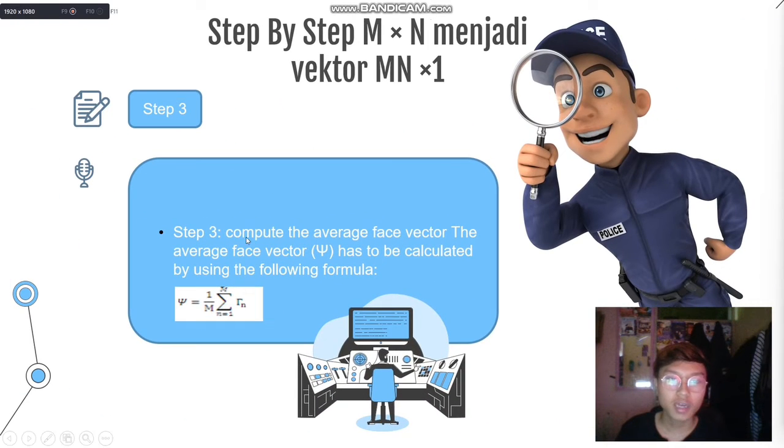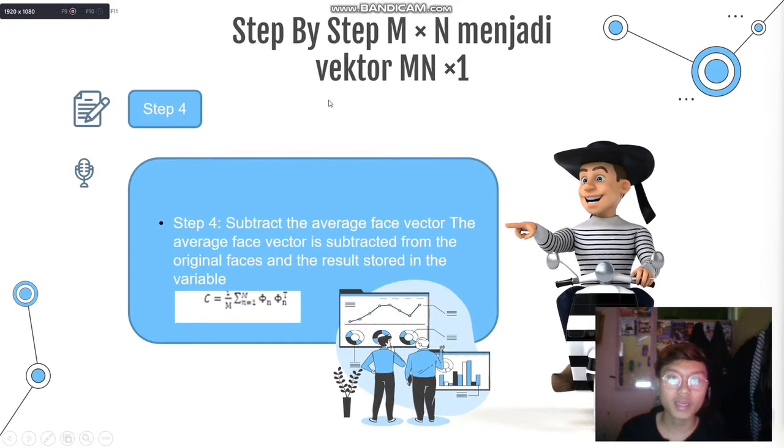Step 3, compute the average face vector. The average face vector has to be calculated by using the following formula. Step 4, subtract the average face vector. The average face vector is subtracted from the original faces and the result stored in a variable.